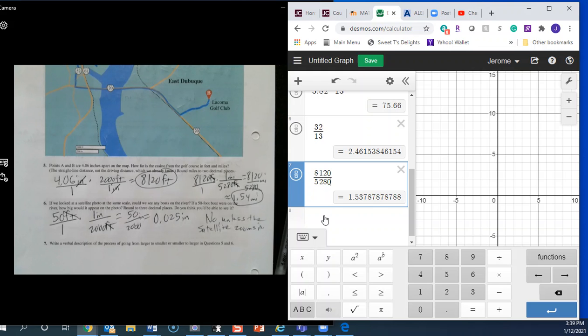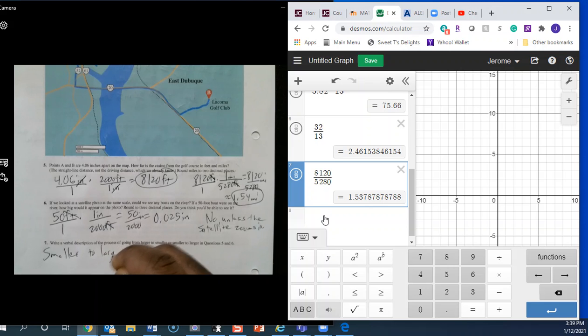Now, number 7, it says write a verbal description of the process of going from larger to smaller or smaller to larger in questions 5 and 6. Now, if you notice here in questions 5 and 6, we didn't do any division. We just did multiplication. So at first we went from the smaller to the larger.